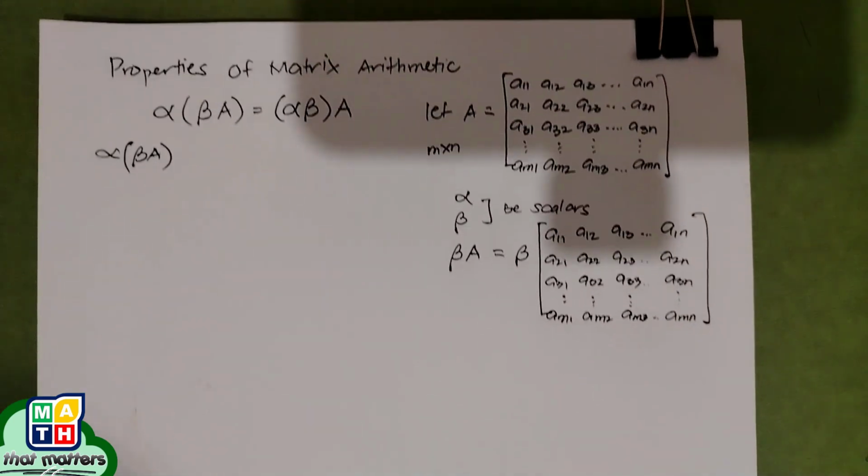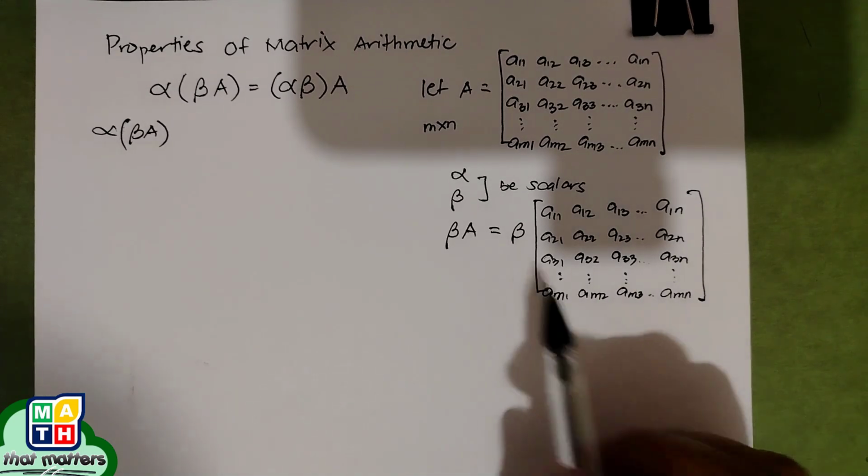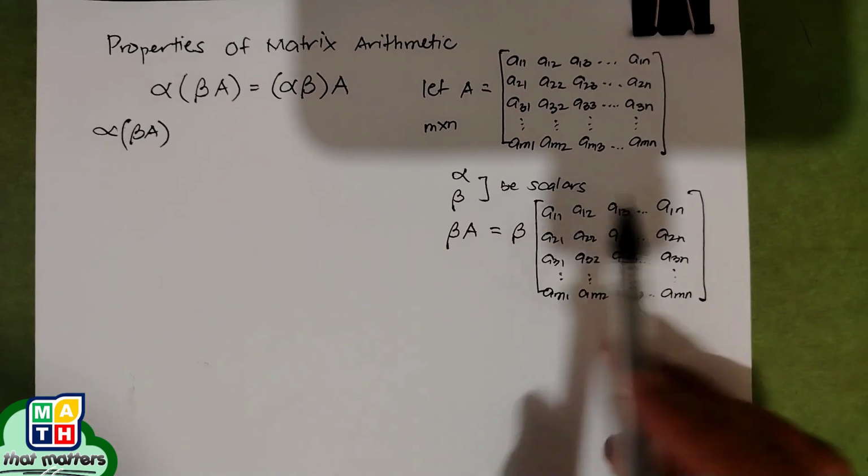So how do we show the result of this? When you have a scalar, multiply that to all the components.